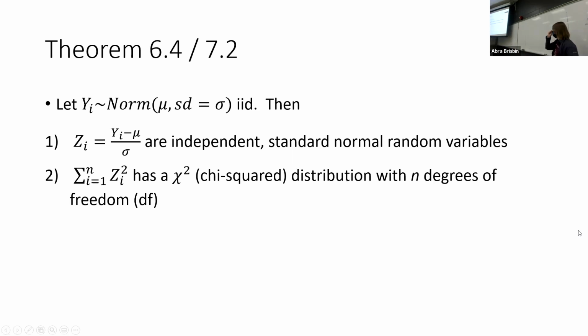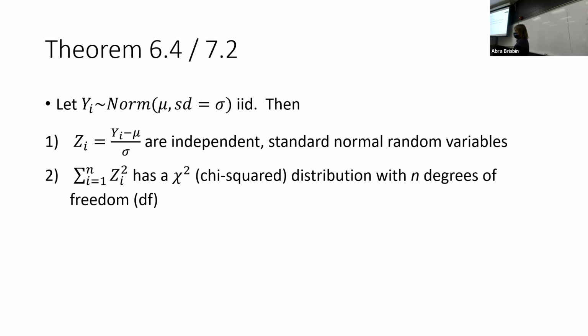All right, so to get us started, we have theorem 6.4, which you saw briefly last semester, and 7.2. And when you combine these, they say, we'll let Y sub i be a normal random variable with mean mu and standard deviation sigma.